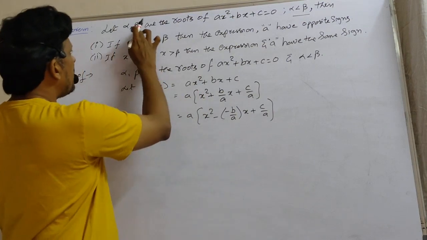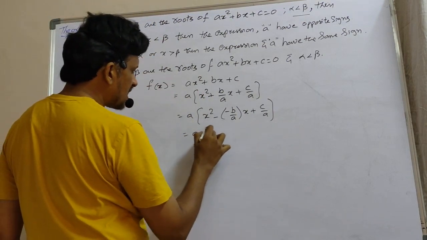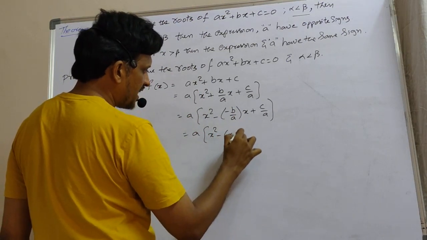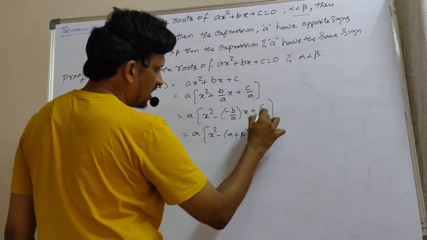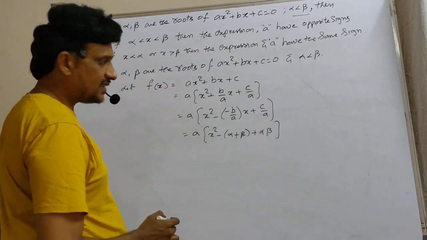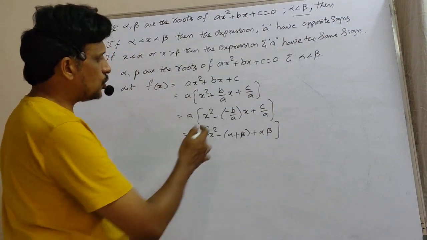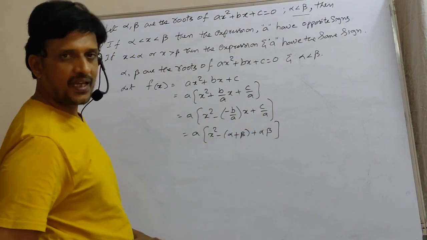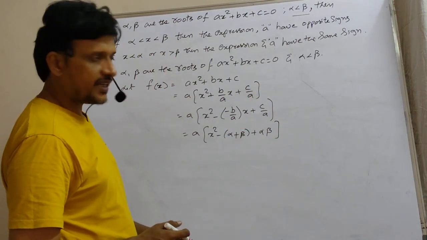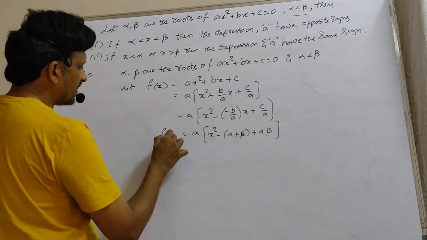Because alpha and beta are the roots, so the sum of the roots alpha plus beta is minus b by a, and the product of the roots alpha beta is c by a. That means you can replace these two, minus b by a and c by a, by the sum of the roots alpha plus beta and the product of the roots alpha into beta.